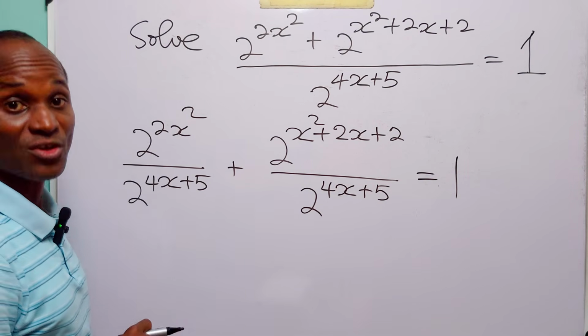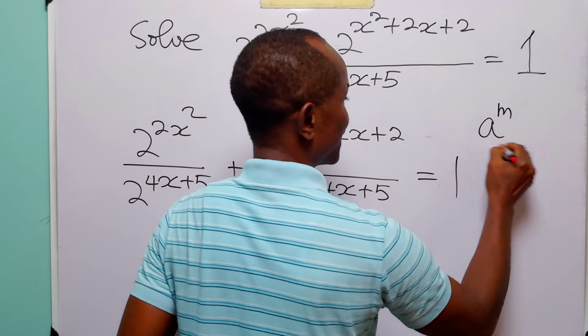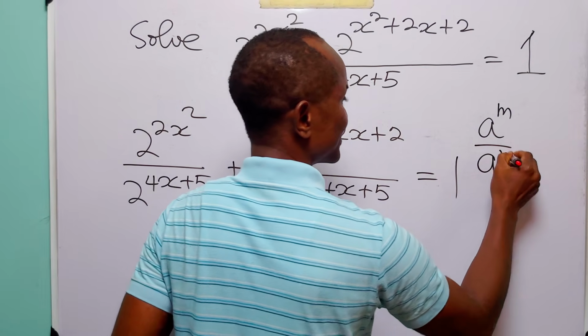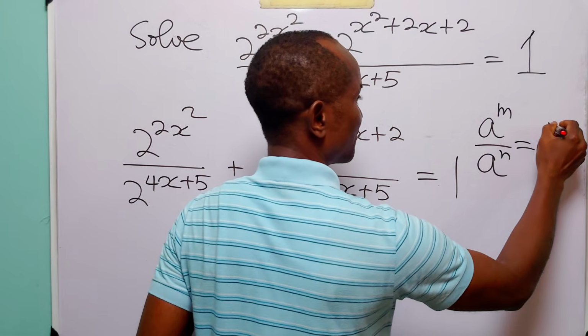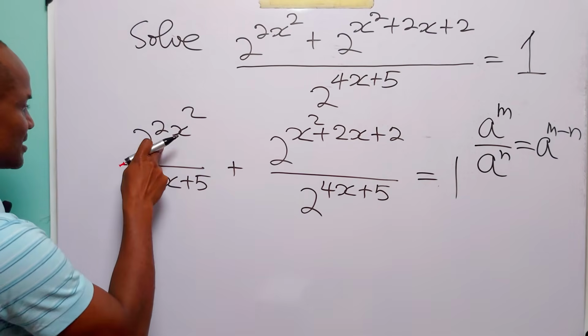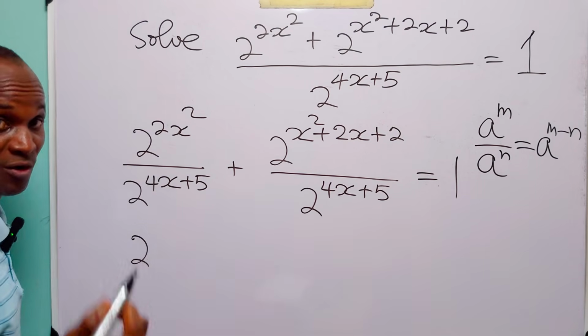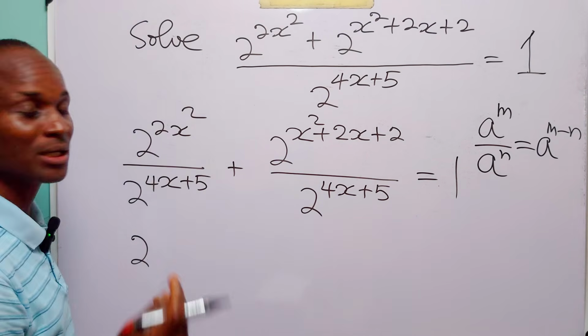Now, from our studies of indices, you know that a to the power m divided by a to the power n is simply equal to a to the power m minus n. So here, in this case a is equal to 2. That is the common base.